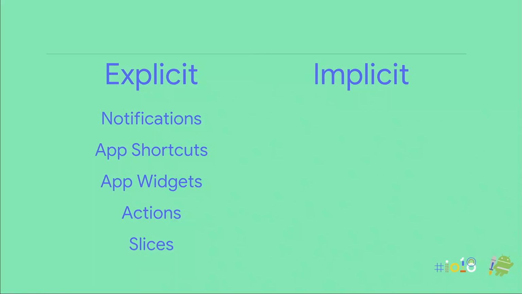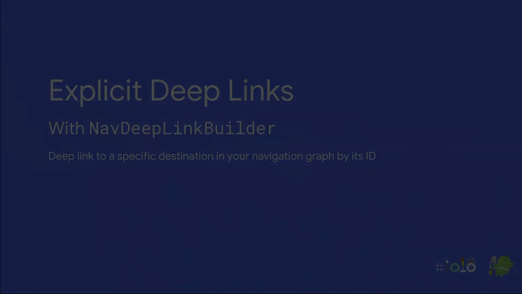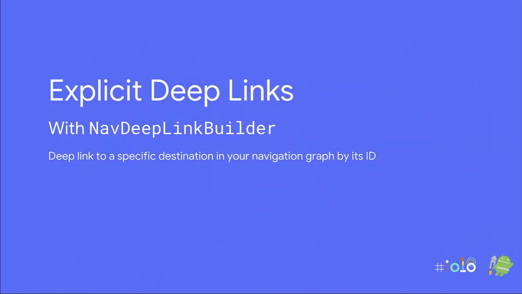These are all things that you're passing to another app or to the system to say, I want to go to this specific place in my app. The implicit side of things is more around web URLs and custom scheme URLs. These would be other apps triggering your app to launch. And we handle both of these for navigation. For explicit deep links, we have a specific class called NavDeepLinkBuilder.